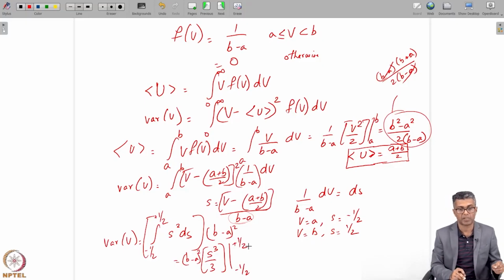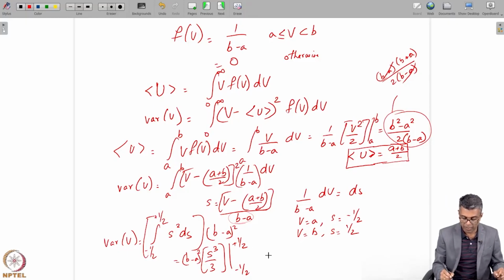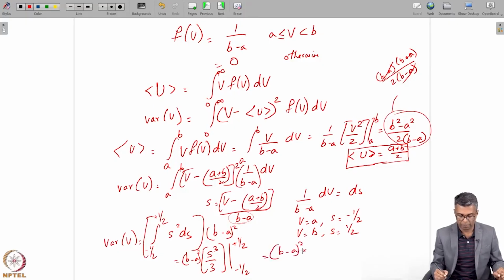So I have (b − a) squared multiplied by s cubed over 3 going from minus half to plus half. Now if I do this, I will have (b − a) squared multiplied by, when I substitute it there, 1 over 24, isn't it?